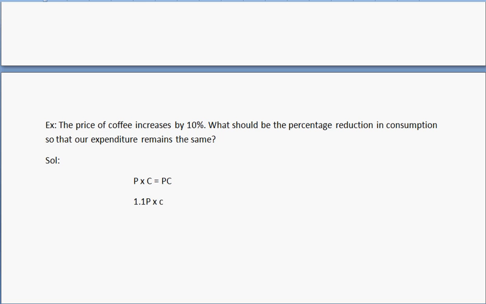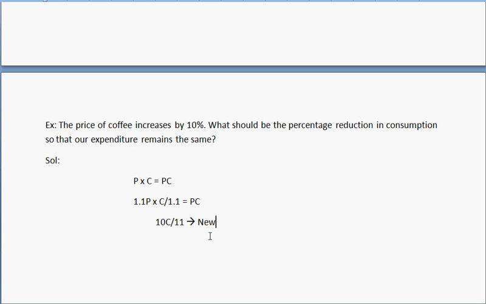It should be C divided by 1.1, right? Only then we would get it equal to PC. So the new consumption becomes C divided by 1.1, or if you just reduce it, it becomes 10C by 11, right? So this is the new consumption. Old consumption was C.